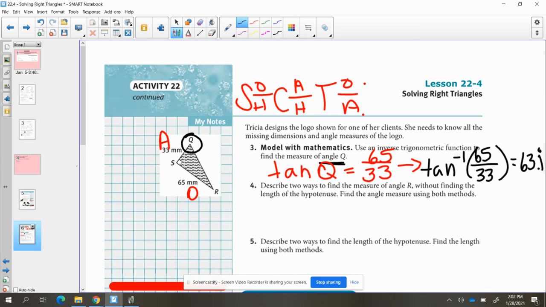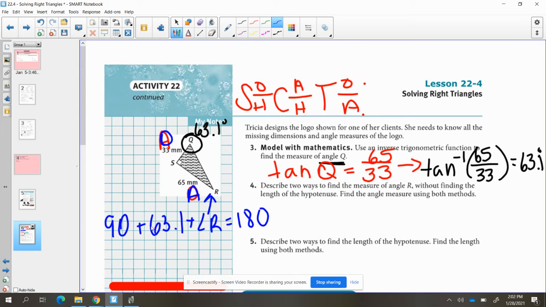Now from there, there are a couple other ways we can find the remaining angles. So if we know angle Q is 63.1 degrees, to find angle R, we can either also use the tangent, but this time this would be our opposite and this would be our adjacent, or we know that 90 plus 63.1 plus angle R has to equal 180.